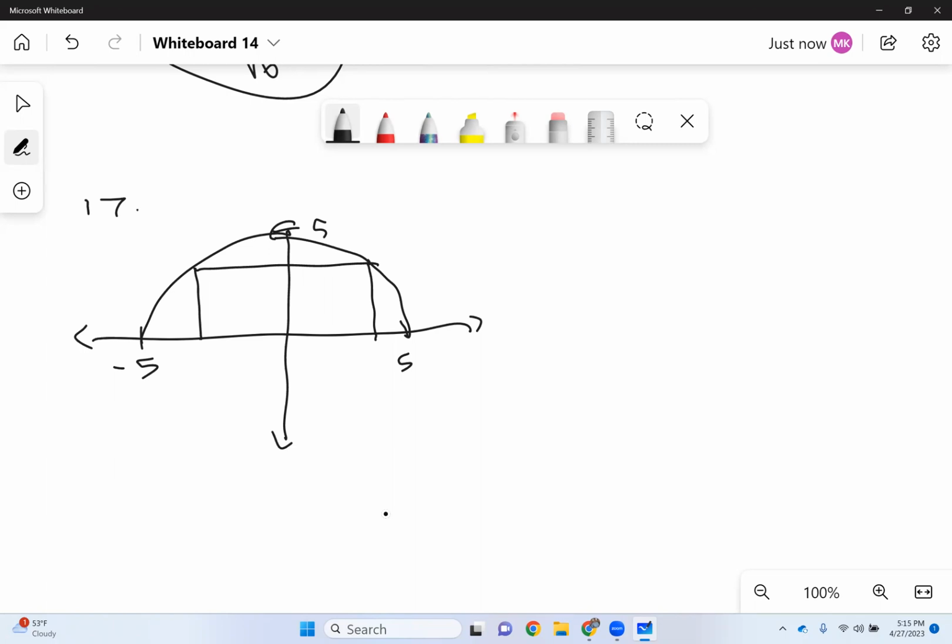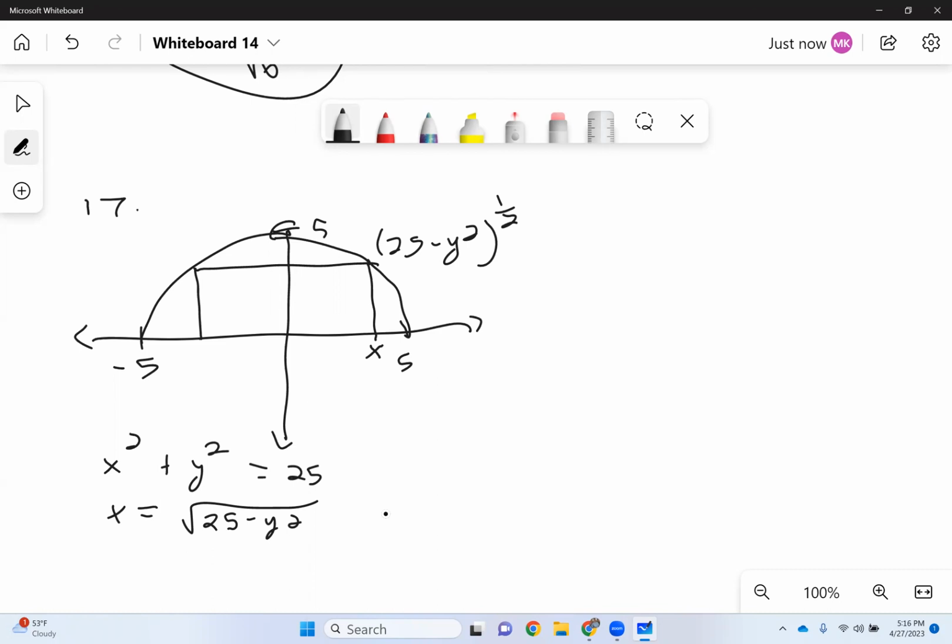Now the equation for the semicircle is x squared plus y squared equals 25. So if this is x, then this y value is going to equal, well, y would equal the square root of 25 minus x squared, so 25 minus x squared to the 1/2.